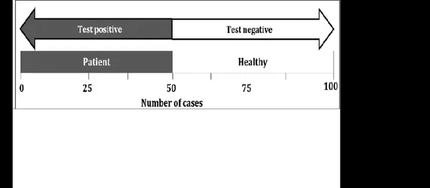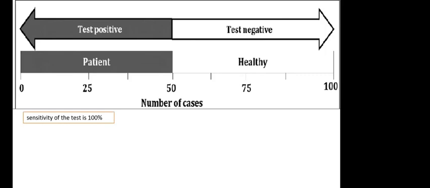So let us do some mathematical exercise together. We have 100 cases. 50 cases are true patients and the other 50 are healthy. A test is done for the 100 cases, and the test was positive in 50 patients and negative in the rest. So what's the sensitivity of the test?